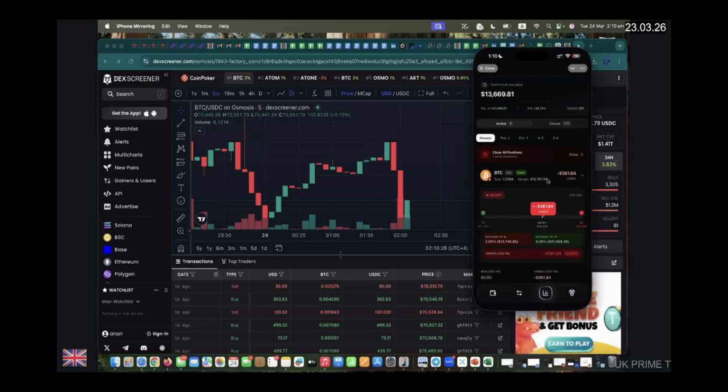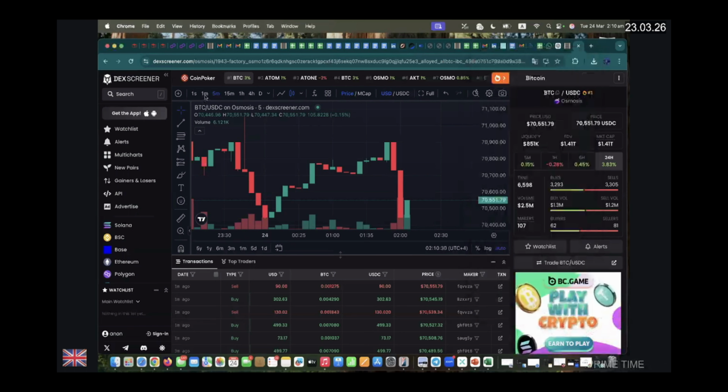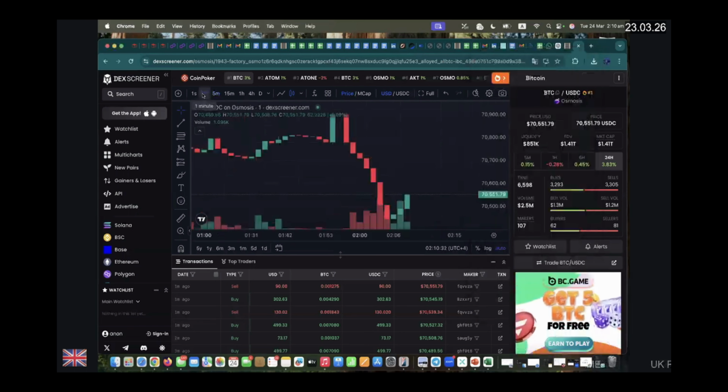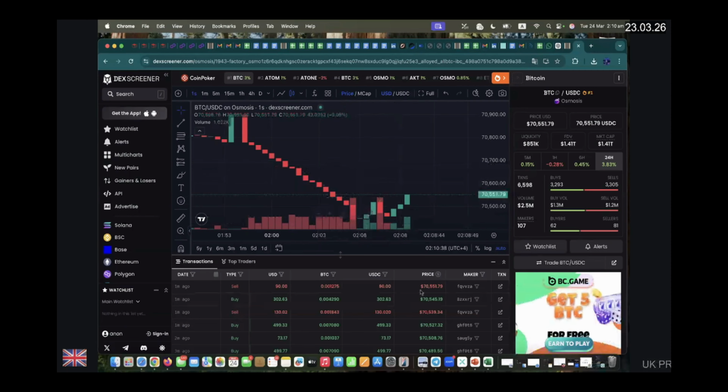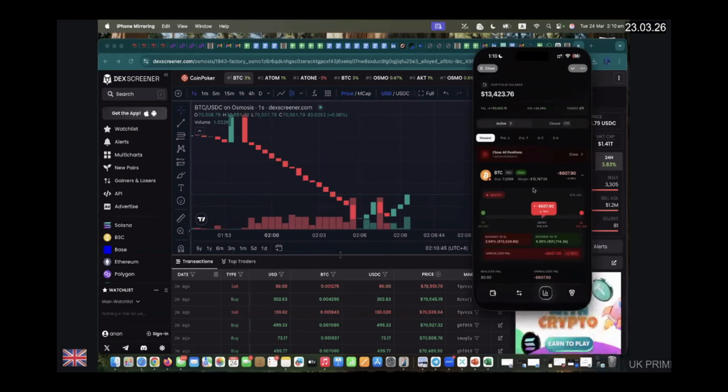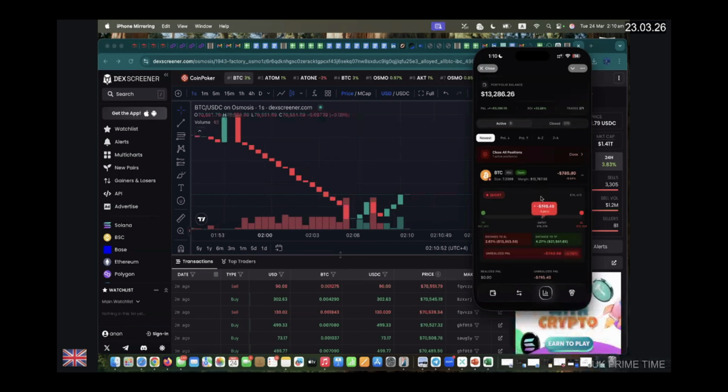Let's wait for it to go back and then we close this. Still, it is going green. 600. Even if we close this position or leave this position right like this, Bitcoin is not going to hit $72,000 today.